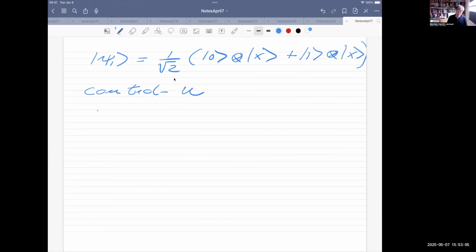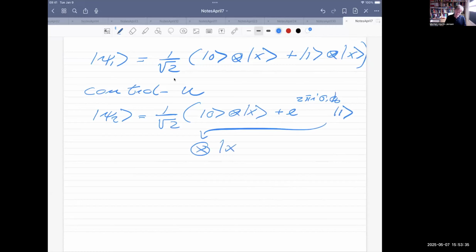In that case, we get this new state, psi2 here, which is given by 1 over square root of 2, and then we have 0. Now, this acts only on the qubit with value 1. So this is going to be given by e to the 2 pi i phi 0 multiplied with 1, and this is then tensor producted with x. So that's the next state.